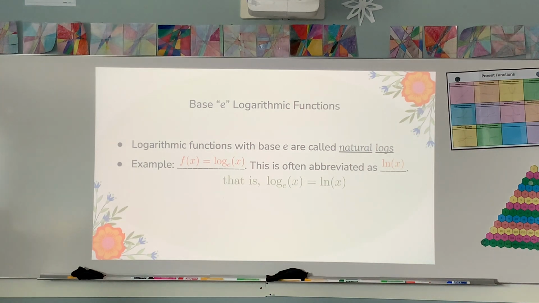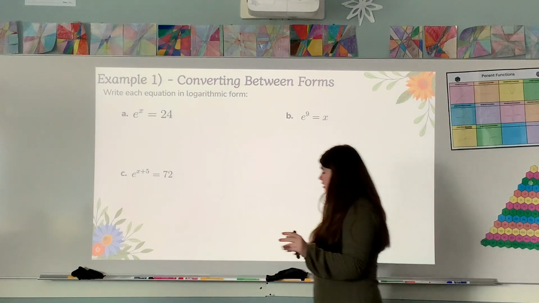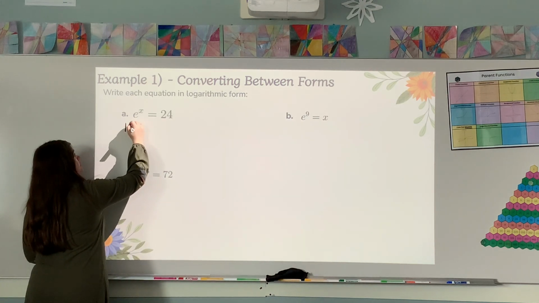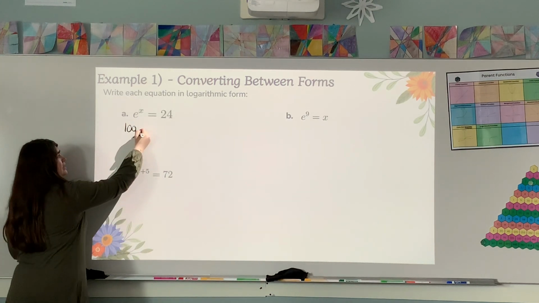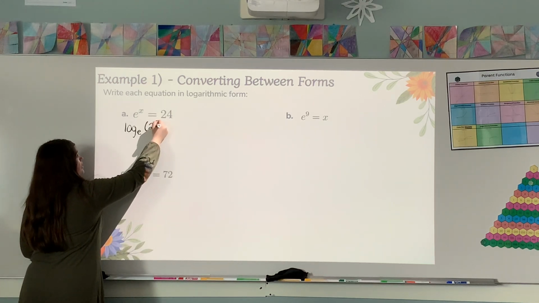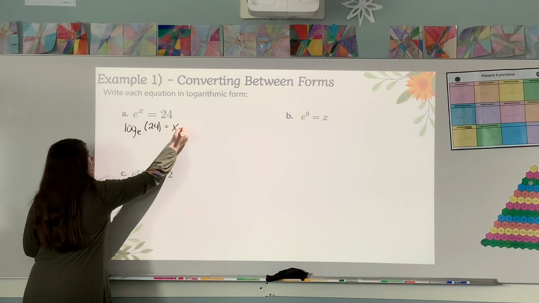It's the same thing. So in example 1, we're converting between forms. We're going to write each equation in logarithmic form. So let's start slow. We have log base E of the answer, 24, is equal to the exponent x.